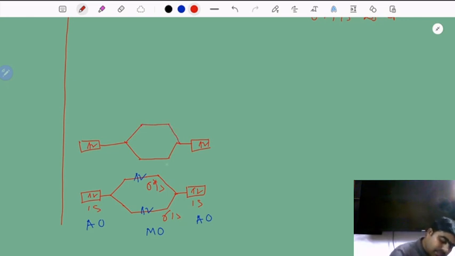This is sigma 2s and sigma star 2s, and sigma 2s contains 2 electrons.